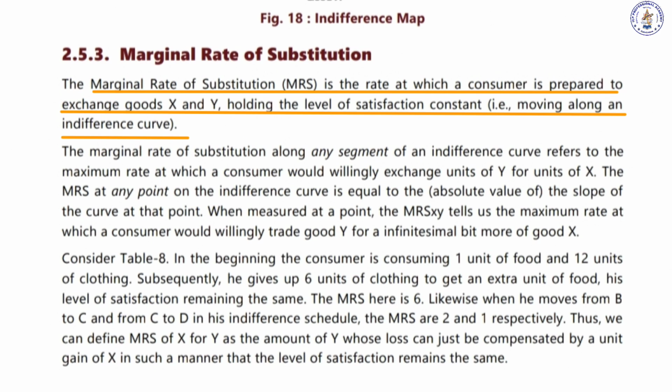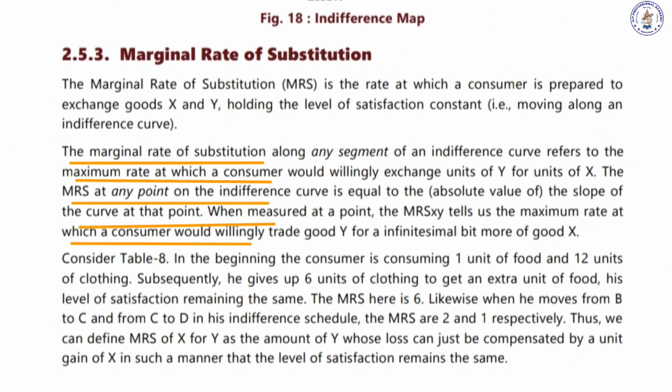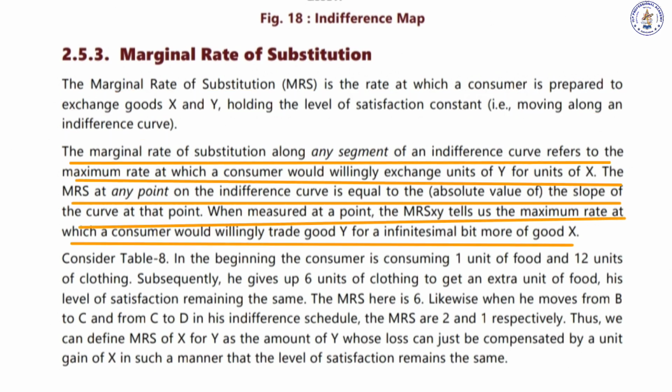That is, we are talking about movement of the consumer along the same curve, whereby he forgoes 1 unit of good X and is ready to consume another unit of good Y. So the marginal rate of substitution along any segment of the indifference curve refers to the maximum rate at which the consumer is ready to exchange units of Y for units of X.